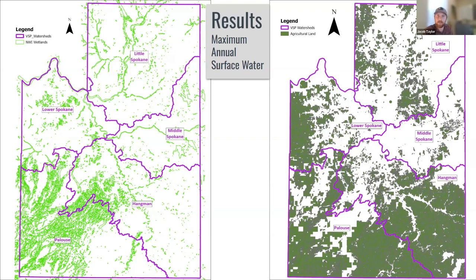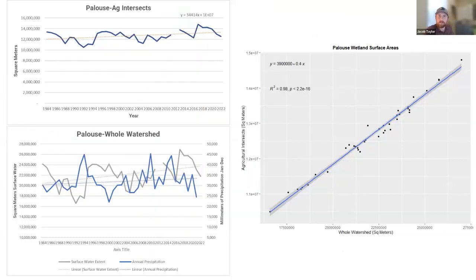And then we can go forward to the next slide and look at what our outputs look like, what those hydrographs look like. I've got a slide here for each watershed we looked at, and we can cruise through these, but I'll walk you through what we're looking at here. Like I said, we have 2 hydrographs on the left there. The one on the top is just looking at the surface area of wetlands on the ag lands within that watershed. We're looking at Palouse here.